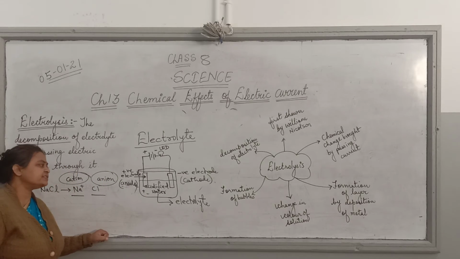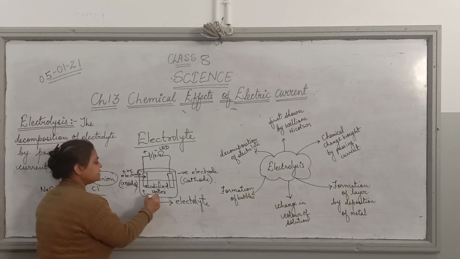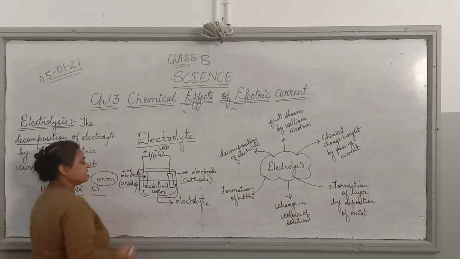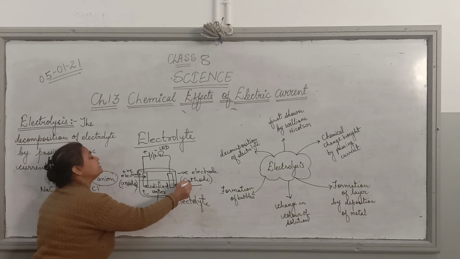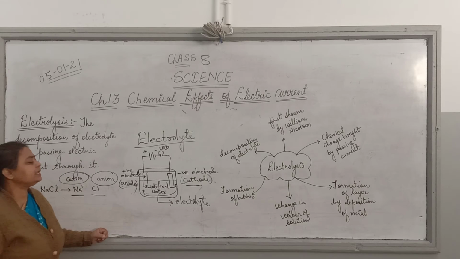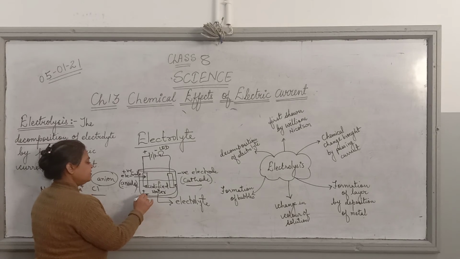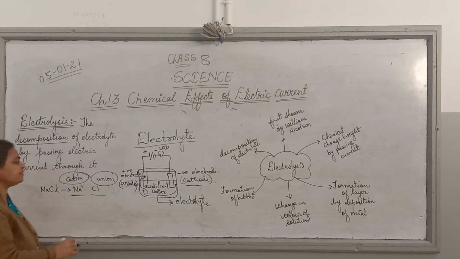The positive ions will be attracted towards the negative electrode. That means the cations are attracted towards the cathode. That is why this word cathode has been used. Similarly, the negative ions will be attracted towards the anode, and the negative ions are called anions. That is why the positive electrode is called the anode.